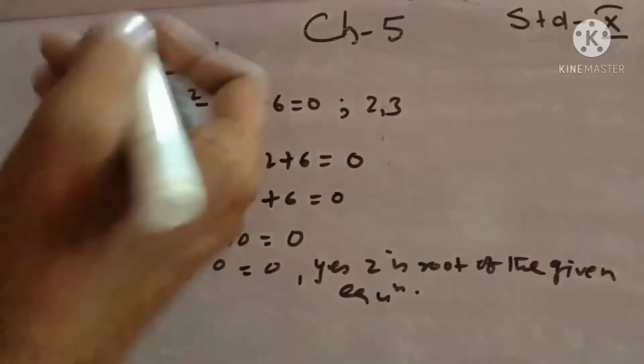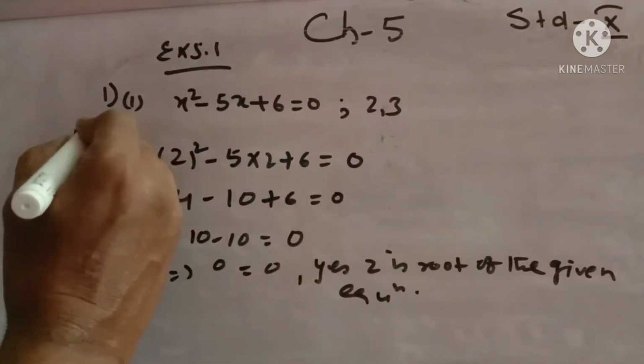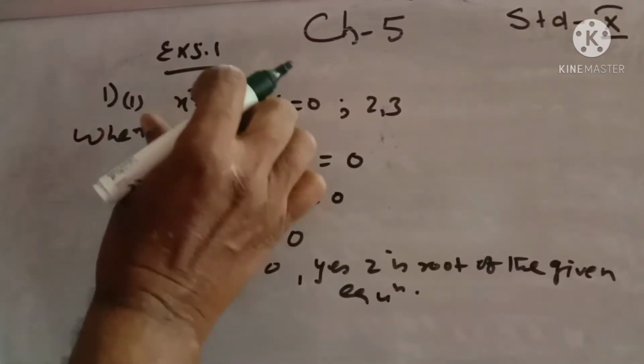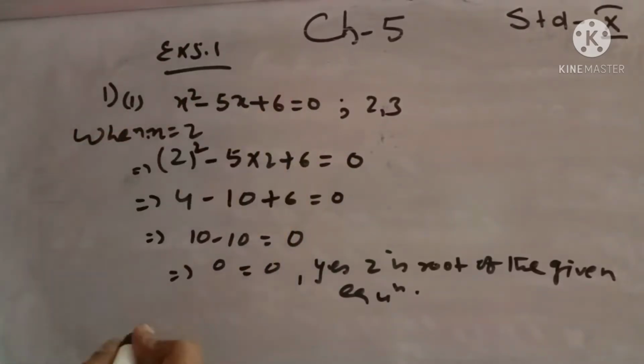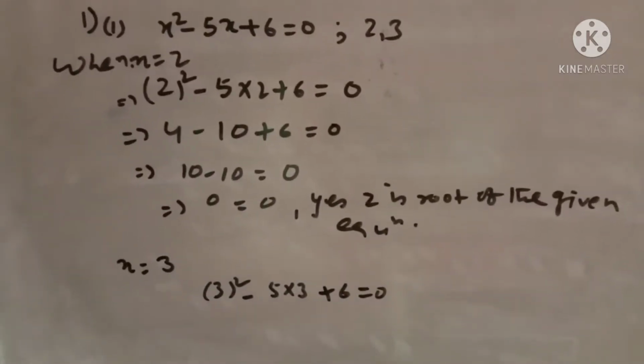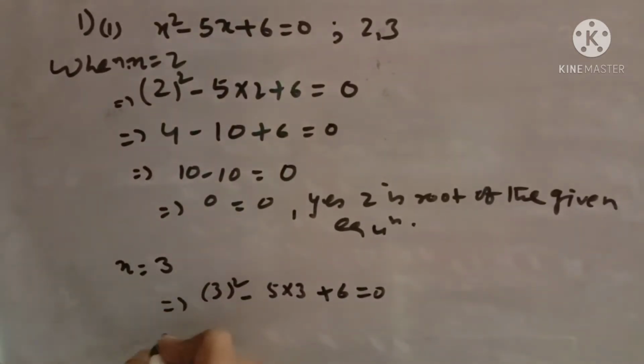Now x equal to 3. That time it will come 3 square minus 5 into 3 plus 6 equal to 0. This implies that 9 minus 15 plus 6 equal to 0.